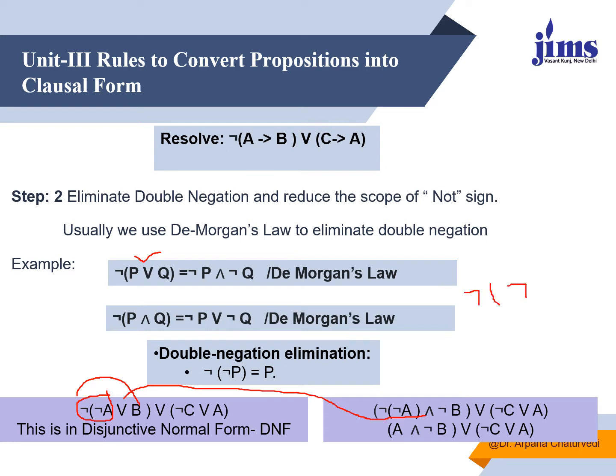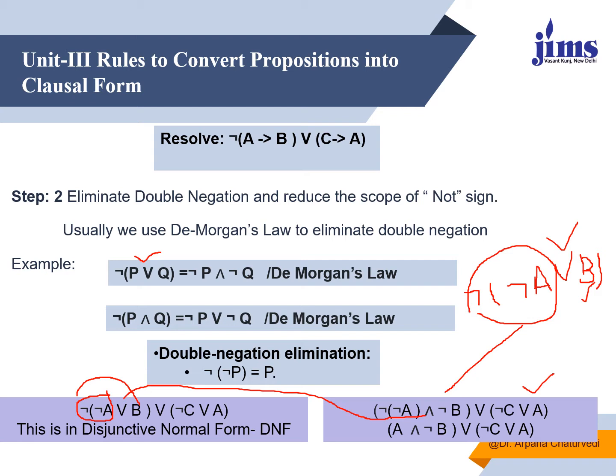Not A, and here it is or B. We have to use De Morgan's law for this. We can open this bracket by first writing not A, then this or symbol will become and, then not B. That is what we have written over here, and there is no change in this particular set of propositional logic.